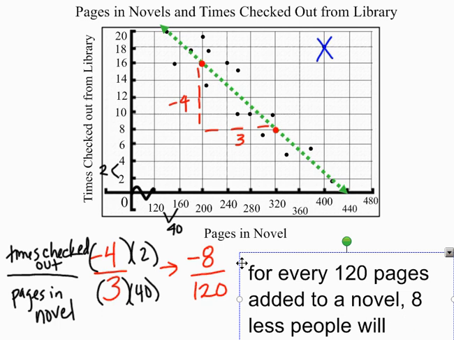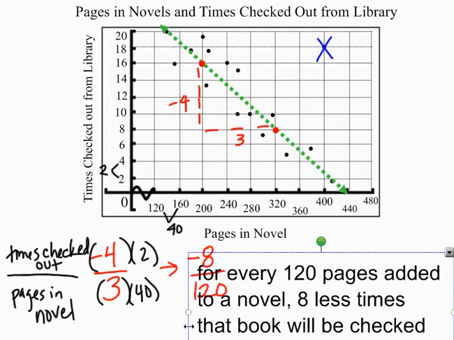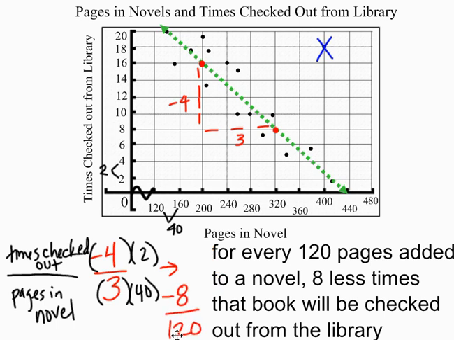Or I should not say fewer people, it's 8 fewer times, right? 8 fewer times that book will be checked out from the library. Let me get that up there so you can see it. Okay, so that kind of explains that a little bit more.